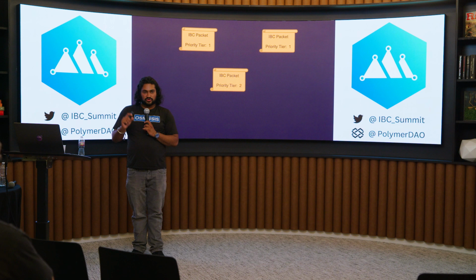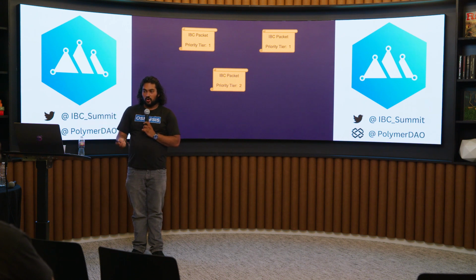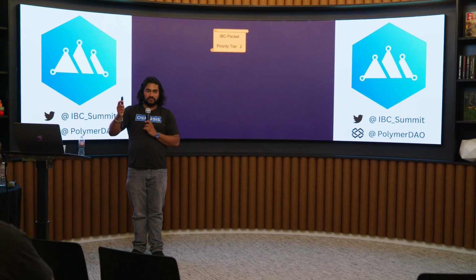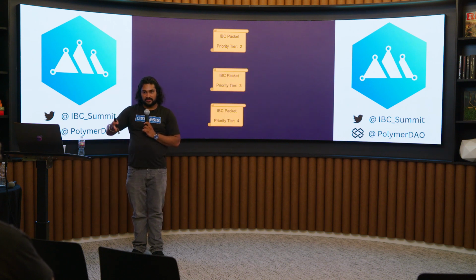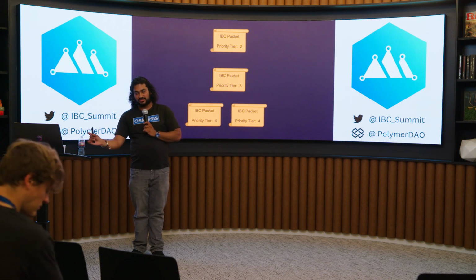But if a new transaction comes in with priority tier number 2, you can't execute that transaction because you have to first flush out everything in priority tier number 1. Only once everything in priority tier number 1 is done does priority tier 2 pop to the top of the stack. And you can have multiple priority tiers in a single system, and then you can have queued up pools later on.